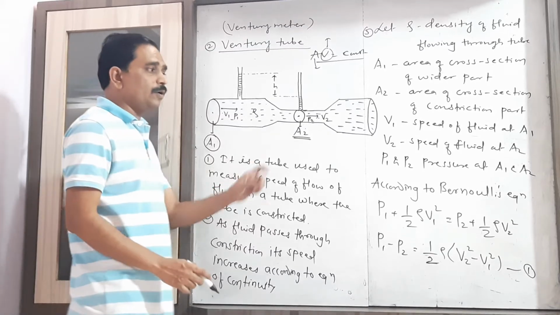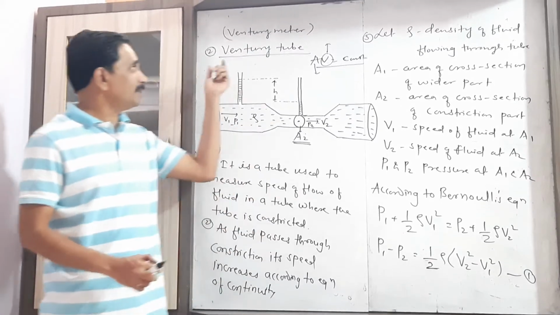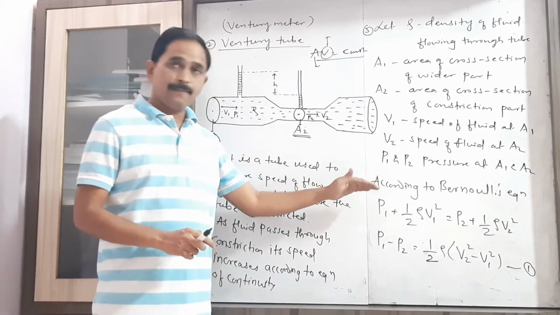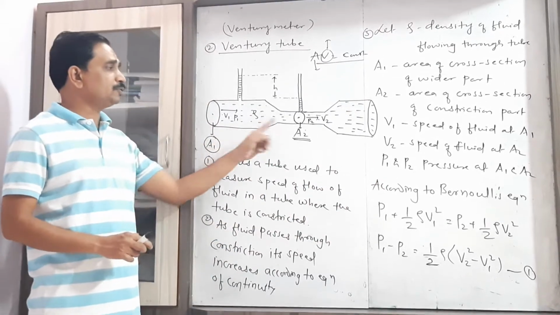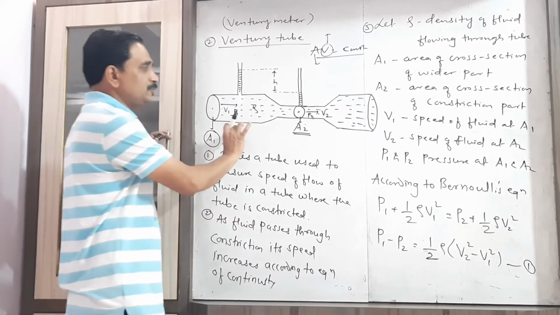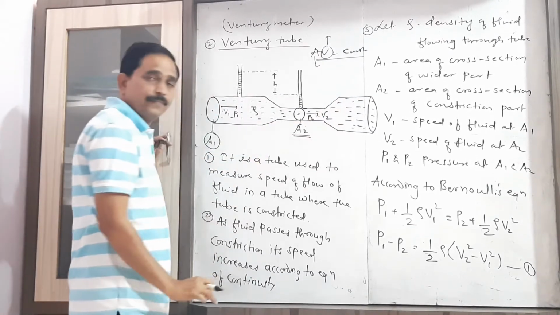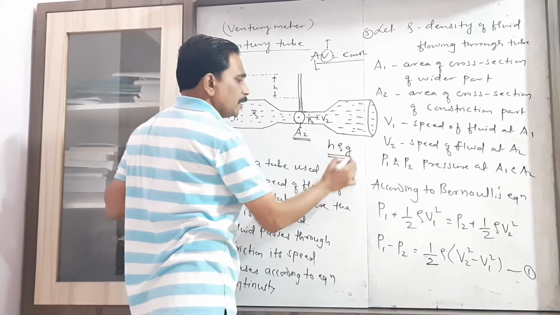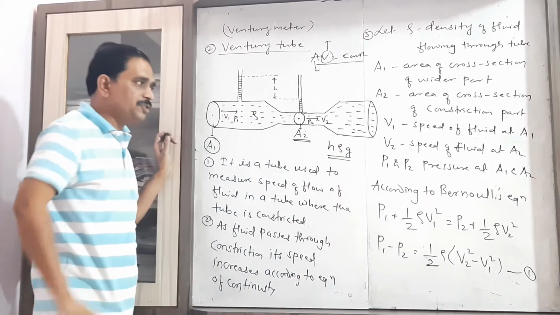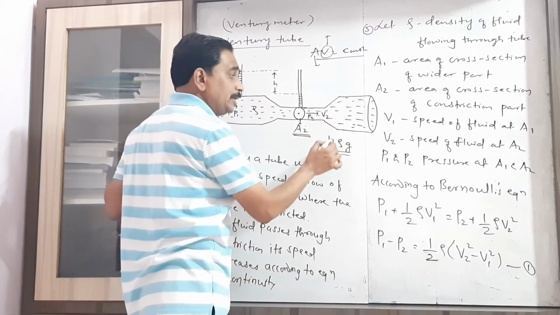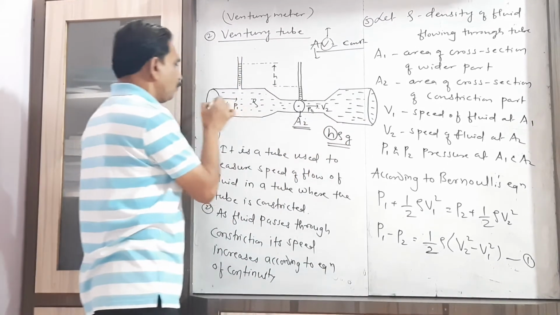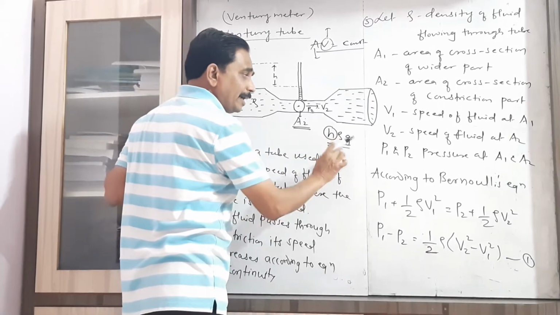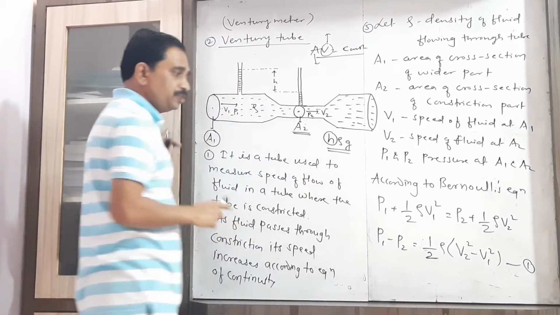Now again use Bernoulli's equation, because we are discussing Bernoulli's applications. So you have to write Bernoulli's equation for these two situations. As this tube is at the same height, there is no need to write the h rho g term in Bernoulli's equation, because the height is the same for both points.